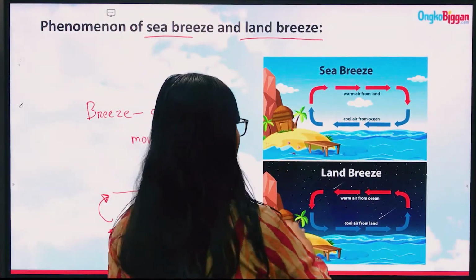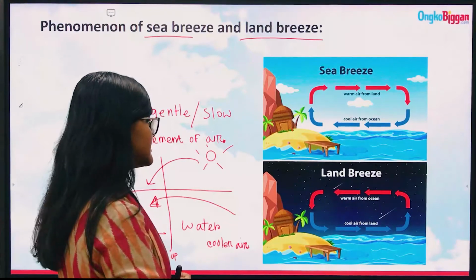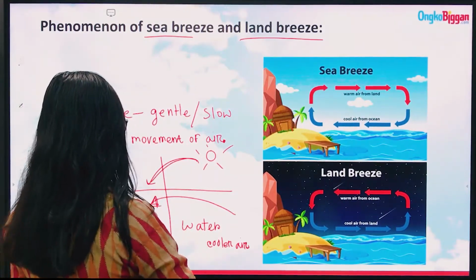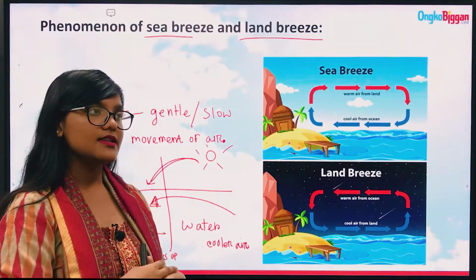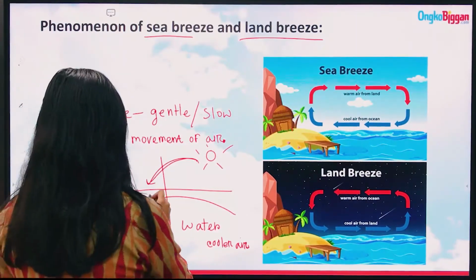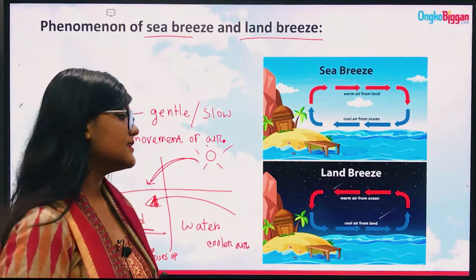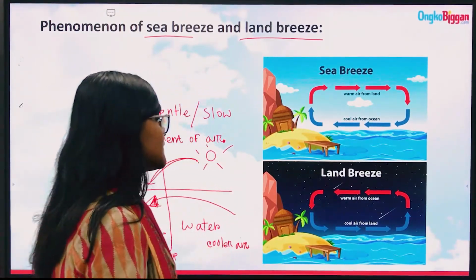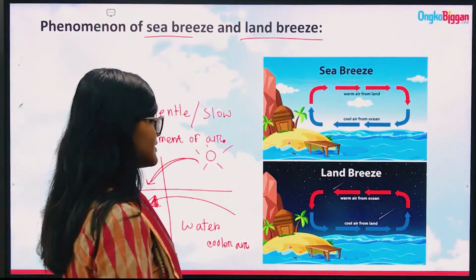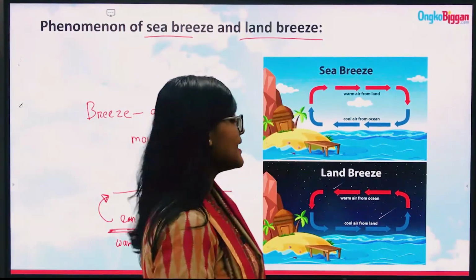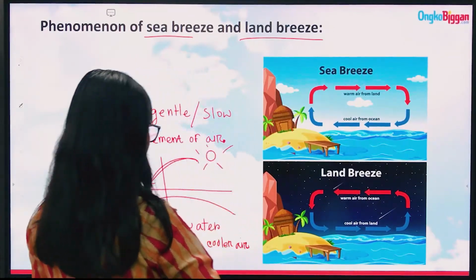In the case of land breeze, the opposite phenomenon occurs. As the sun heats up the land area faster, in a similar way the land area also cools down faster than water bodies. So during the night time, the air of the ocean area remains warmer than that of the land area.